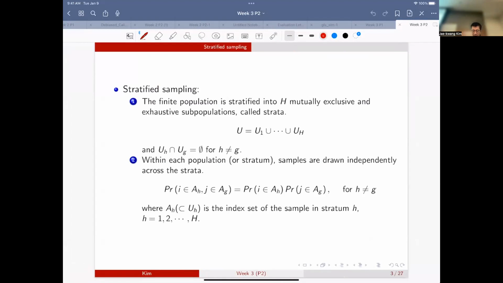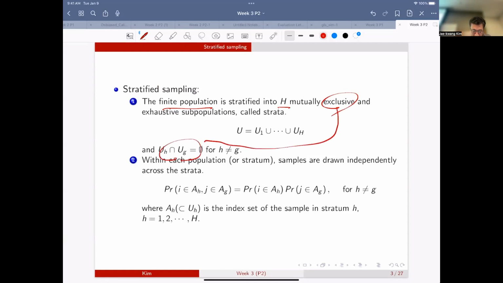Stratified sampling is really a popular technique. We first partition the population into mutually exclusive and exhaustive subpopulations. So exclusive means what? Exclusive means that the union covers the population. Oh, no, sorry, the other way.